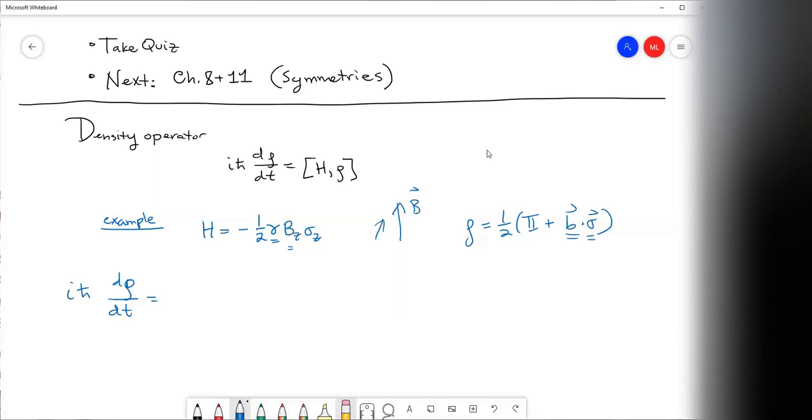So if I differentiate this with respect to t, I get an equation for all the b's, really, because the time derivative doesn't do anything to the identity.